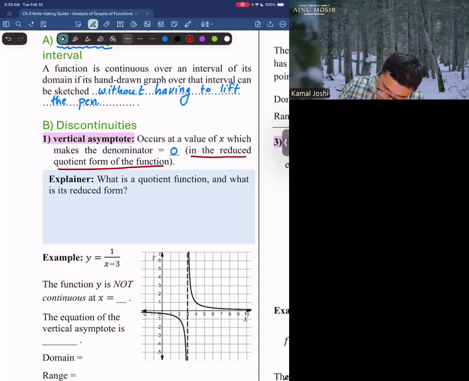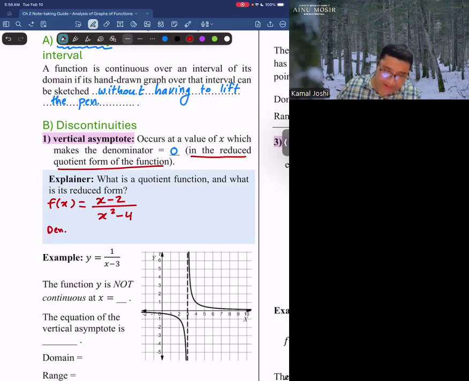So for example, you take this function f of x equals 1 over x minus 2 over x square minus 4, let's say. Now the denominator becomes 0, look at this area.